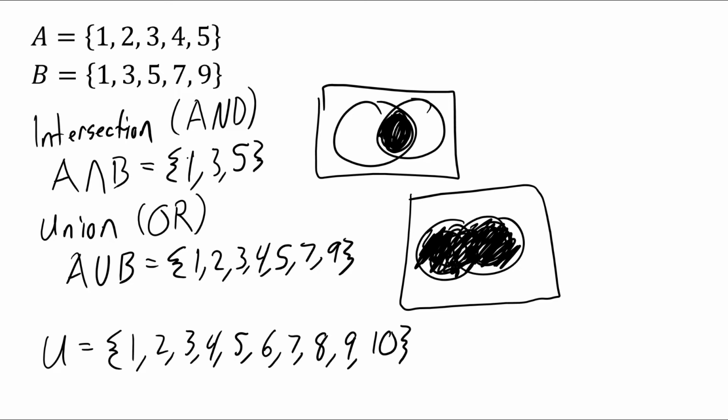So we need that to be able to define a couple of other things, and those are called complements. So a complement are the elements that are not in A. As a reminder, A contains the elements 1, 2, 3, 4, and 5. So A complement would be the elements not in A but are in the universal set.